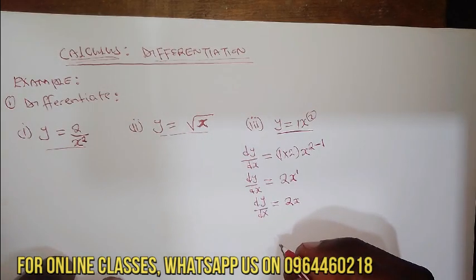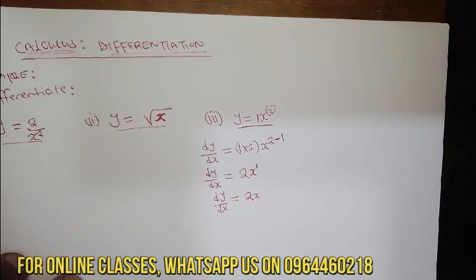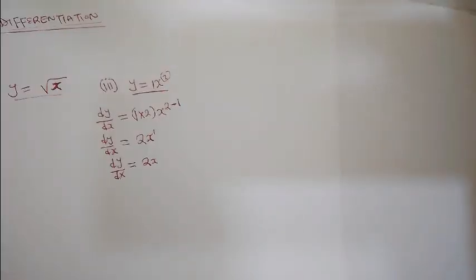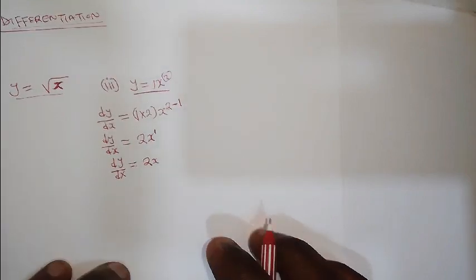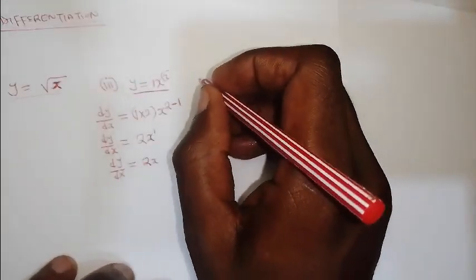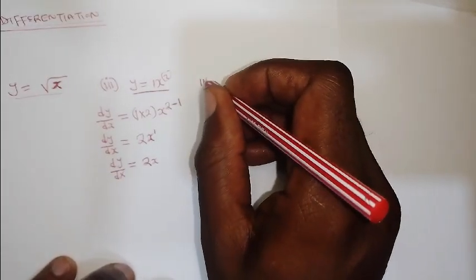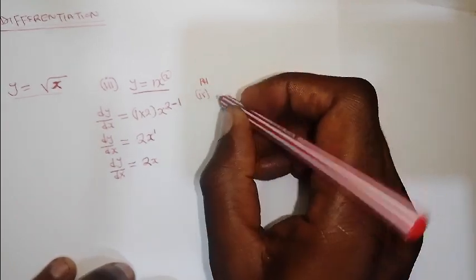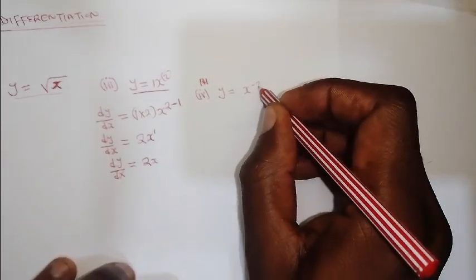Now, what if you have something like a negative power? Let us look at how you can go about differentiating an equation with a negative power. For instance, let's say y equals x to the power negative 2.